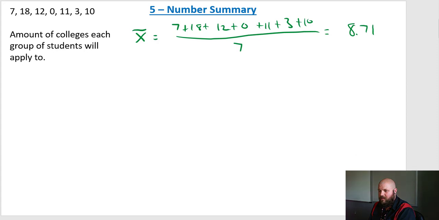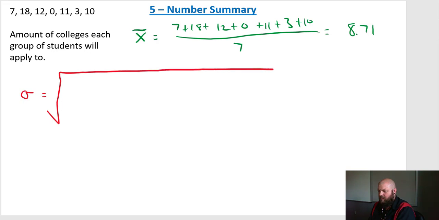Now, let's look at and determine our standard deviation. Since we have our mean value now, we need to do that lovely calculation, in which case the standard deviation, which is notated by lowercase sigma, is found by taking the square root of a lot of numbers.